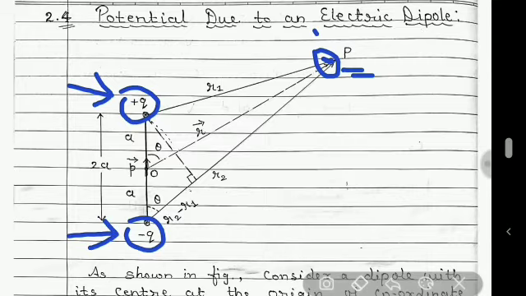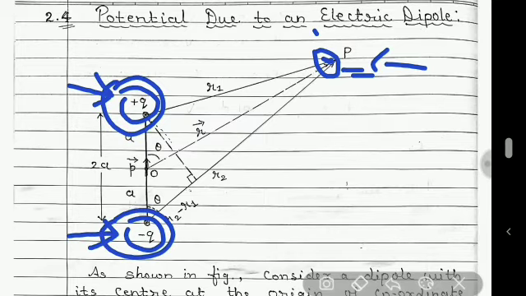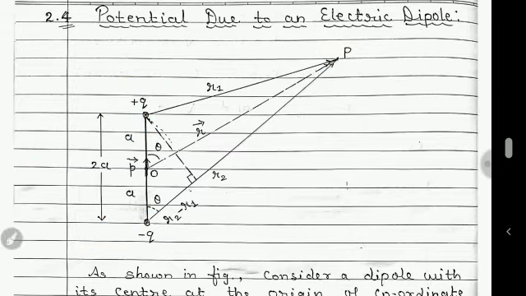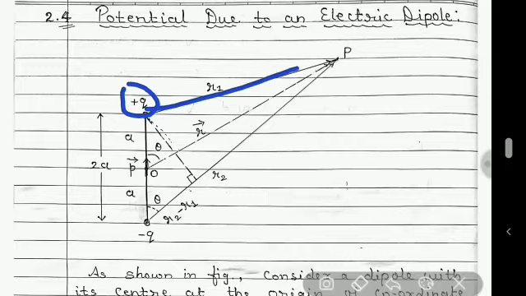So in the method of obtaining the equation for the potential, we will first find the potential due to the positive charge, then due to the negative charge, and then we will add these two. And already we know the potential due to a single charged particle at any point P.